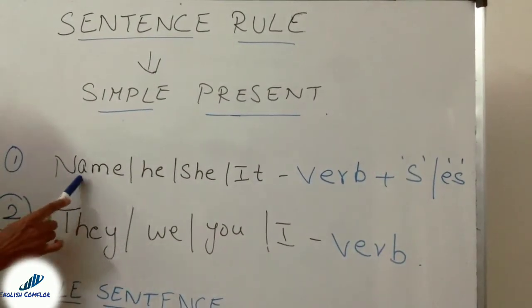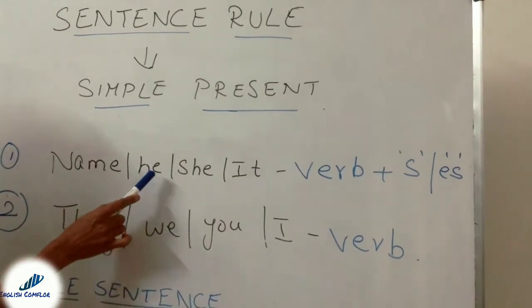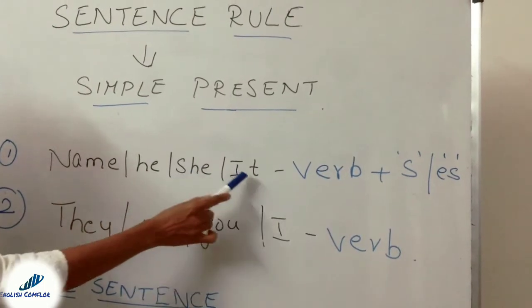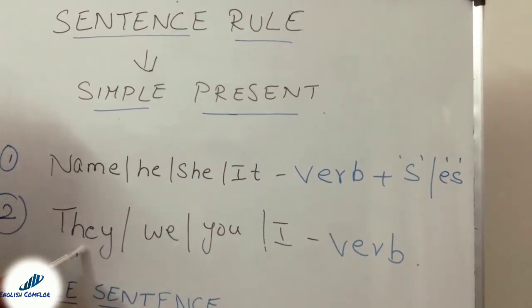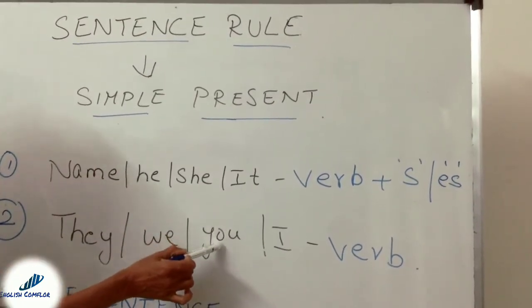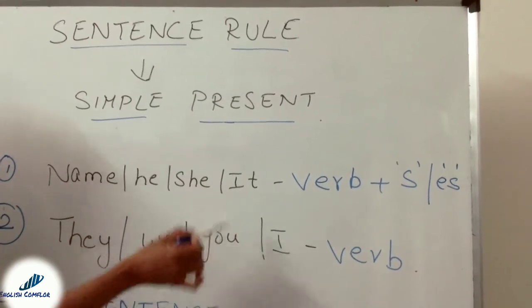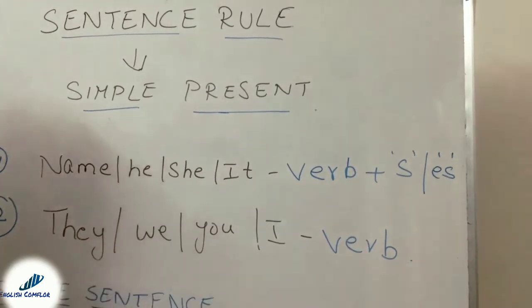Now this is first person singular. This is third person singular, and this is third person plural. And this is second person. This can be taken as singular or plural, which I will be explaining later, and this is first person singular.